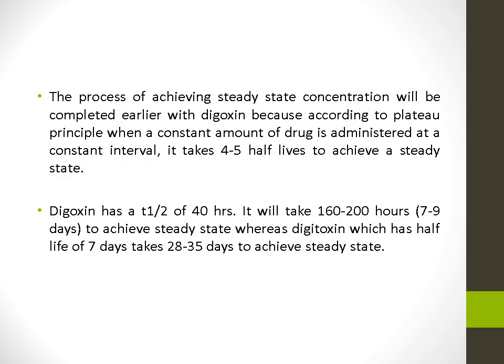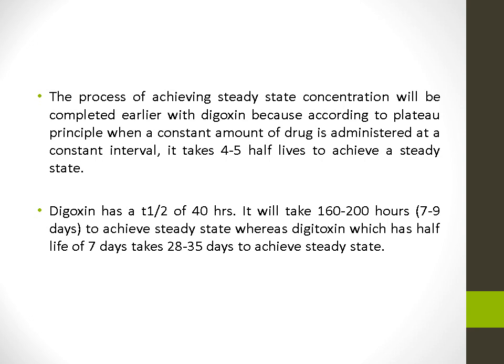So, I've already told you, when you want to achieve a steady state concentration, the process of achieving the steady state concentration will be completed earlier with digoxin. Why? Because according to plateau principle, when a constant amount of drug is administered at a constant interval, it takes 4 to 5 half-lives to achieve a steady state. Yes? So digoxin has a T half of 40 hours.